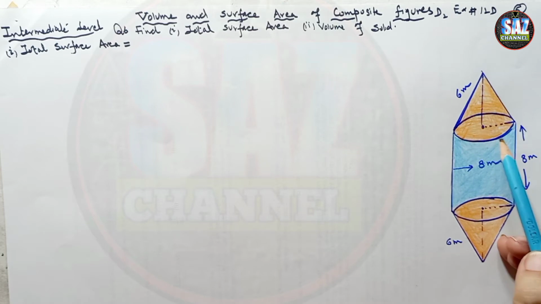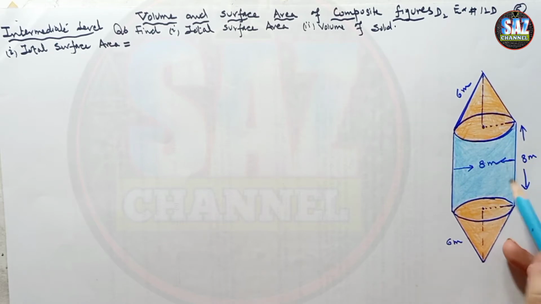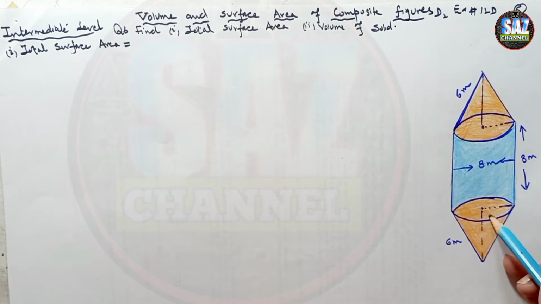All those parts of the solid figures which are not in contact with another shape, or which are hollow, or the parts from which the shape is joined with another solid shape, will not be considered for the calculation of total surface area.